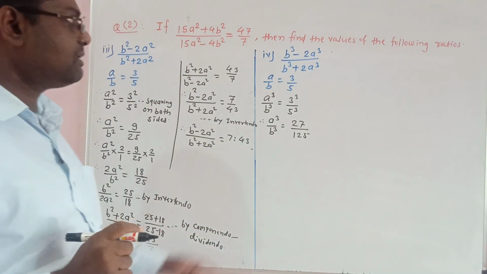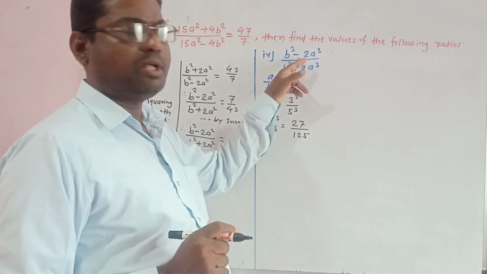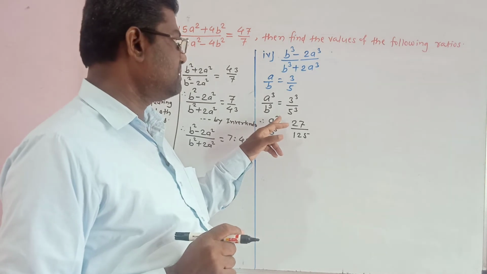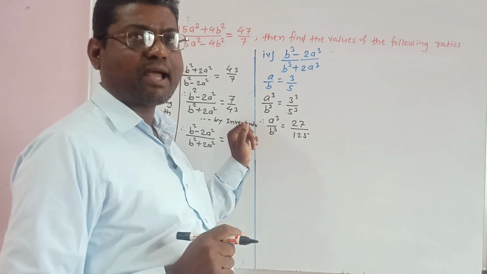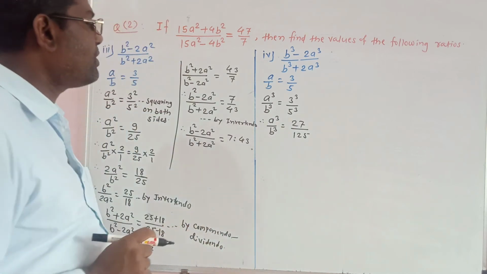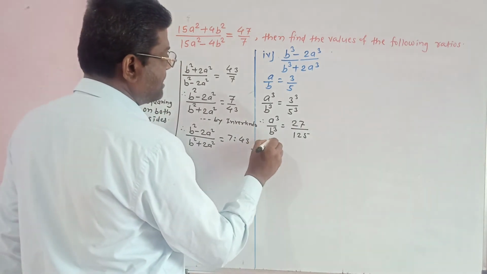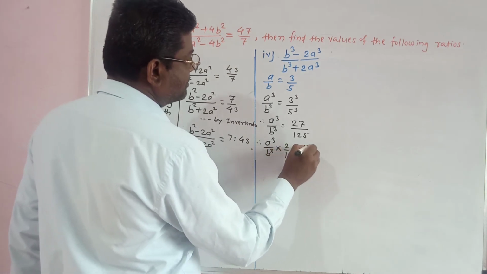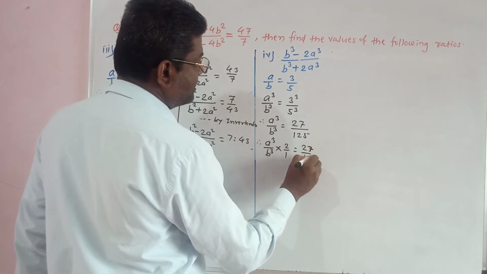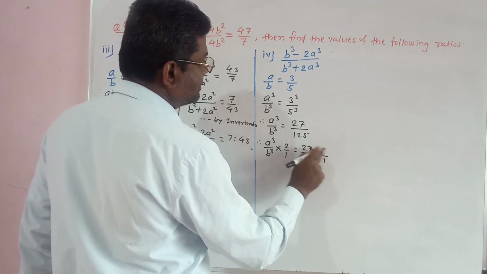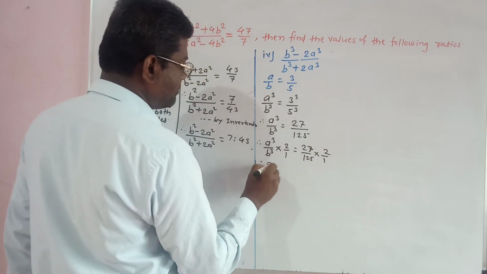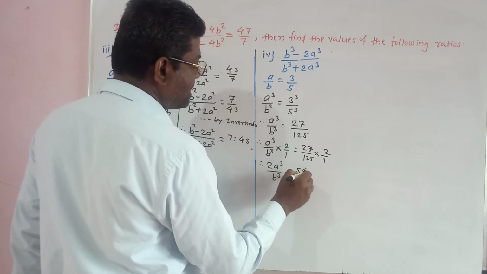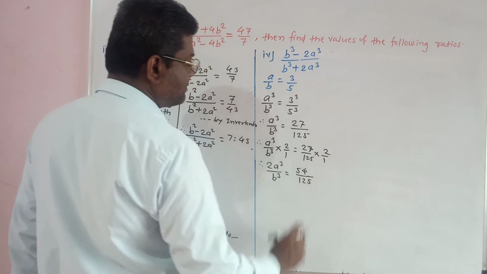Now let's see, here the coefficient of a cube is 2. Therefore we have to multiply both sides by 2 upon 1. Therefore a cube upon b cube into 2 upon 1 is equal to 27 upon 125 into 2 upon 1. Therefore it will be 2a cube upon b cube is equal to 54 upon 125.